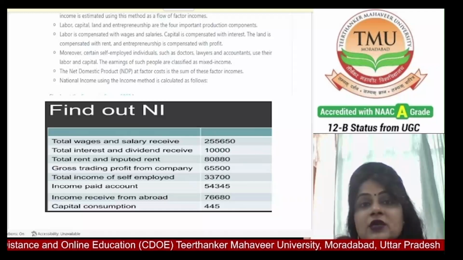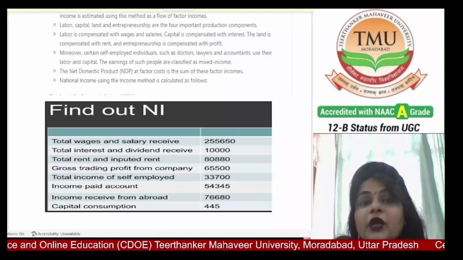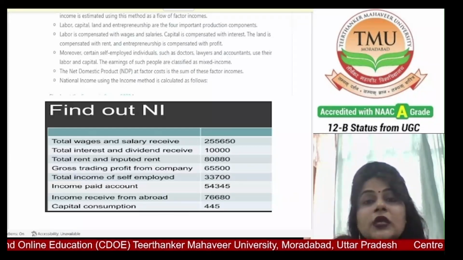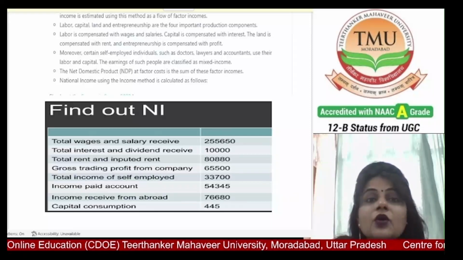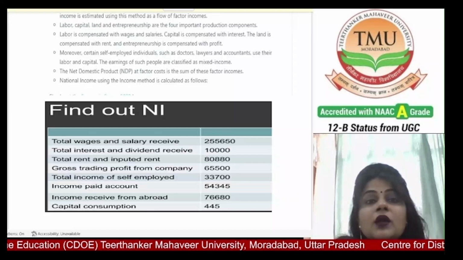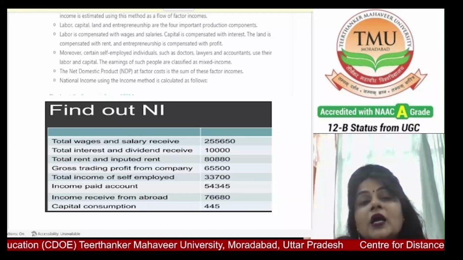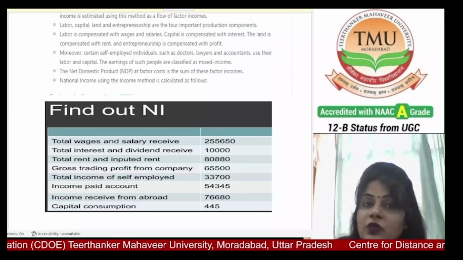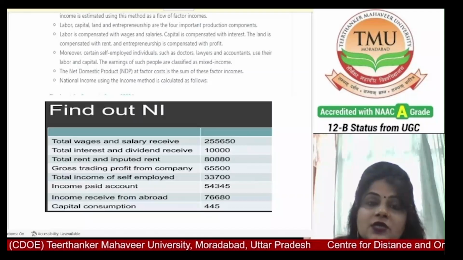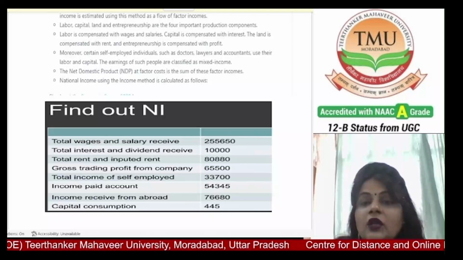Total interest and dividend received 10,000, and total rent and imputed rent is 80,880, just like gross domestic product from the companies 65,500, total income of self-employed 33,700, income paid abroad 54,345, income received from abroad 76,680, and capital consumption 445.